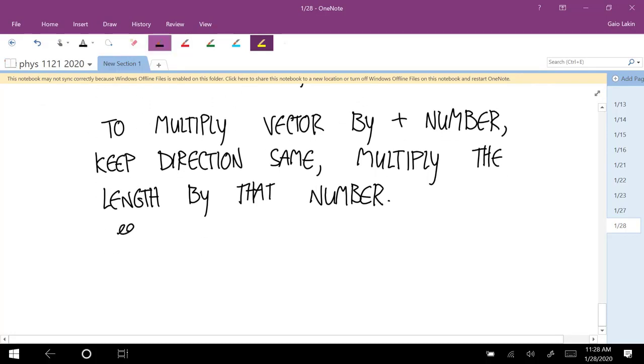So, for example, if we wanted to multiply 3 times this vector, we could do it like this.